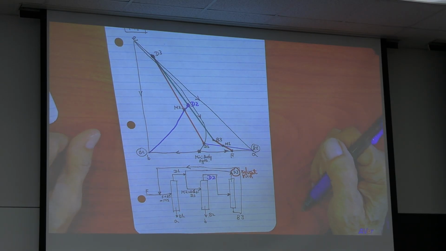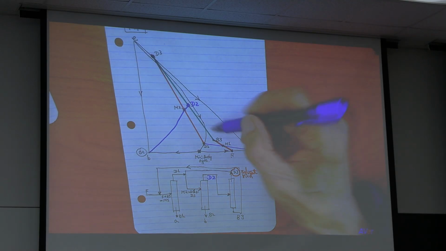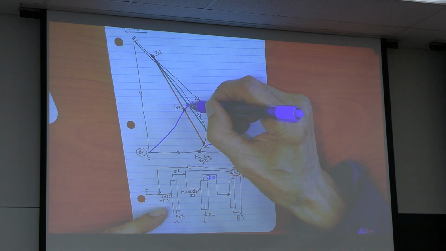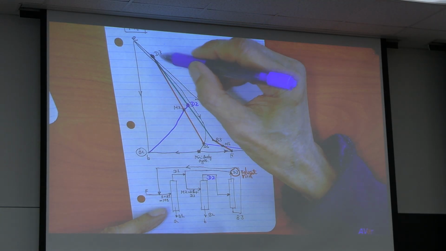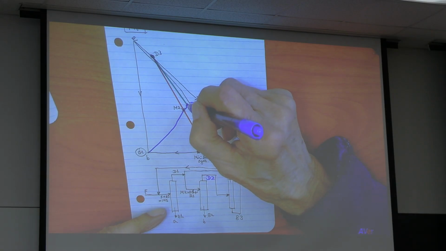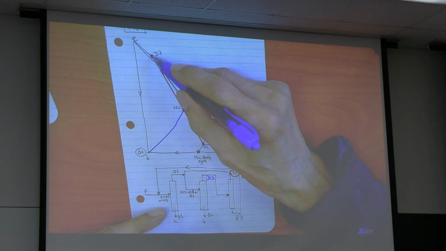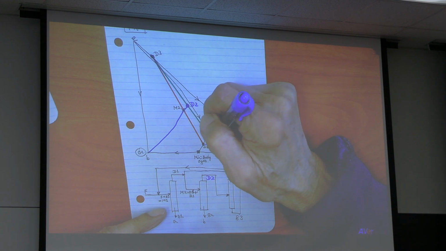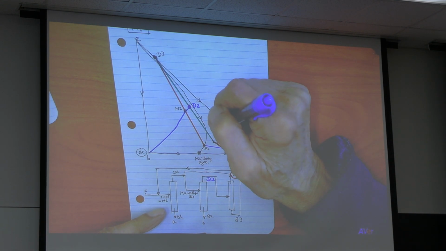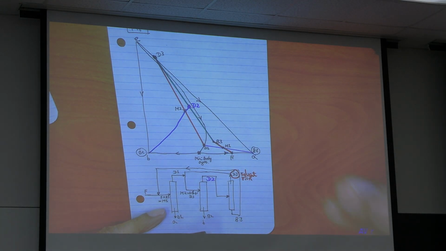To summarize, for column 2, how is it distilled through Column 2? I mentioned to you before, you can have a feed, your distillate, bottom, as long as they are on the same side of the distillation boundary, it works. Right?